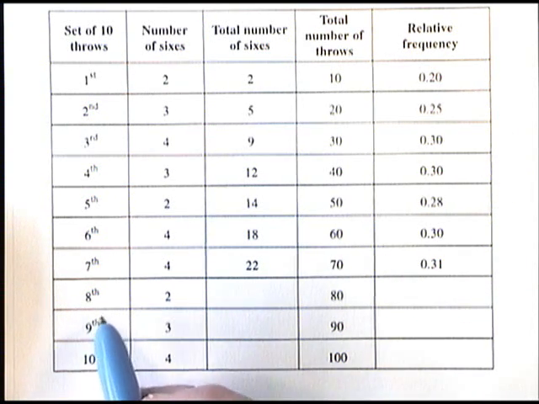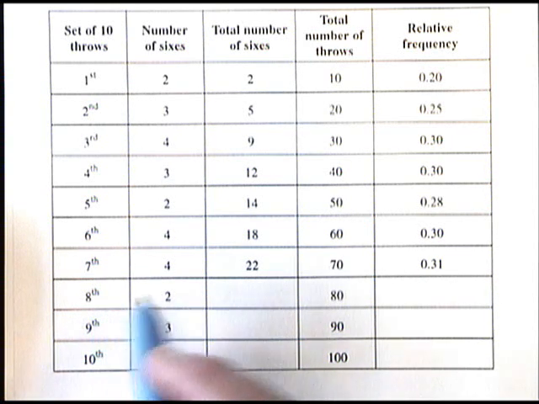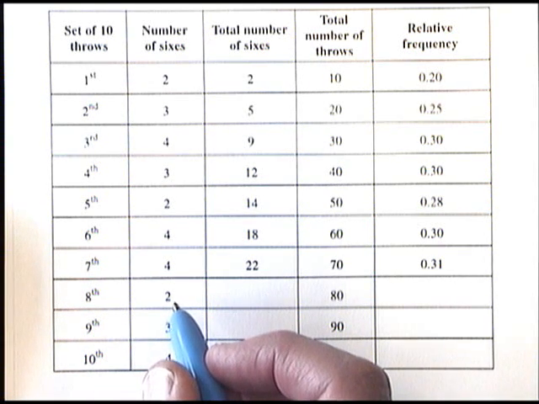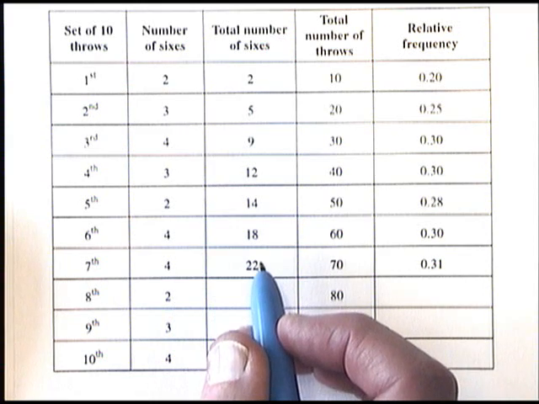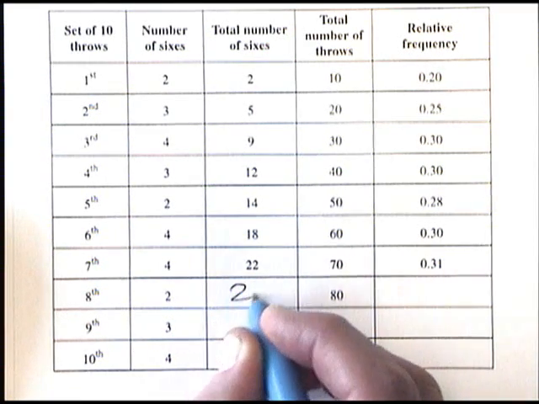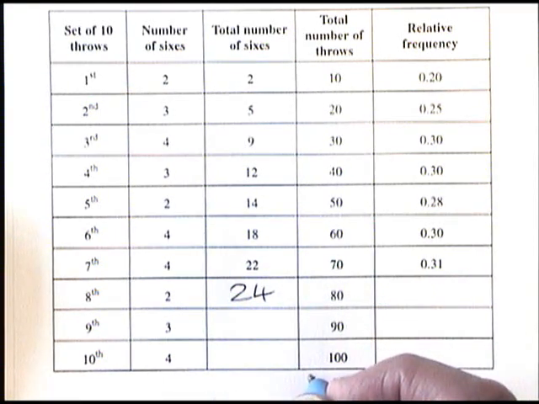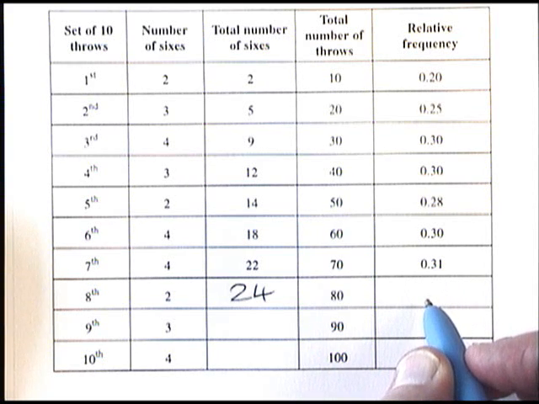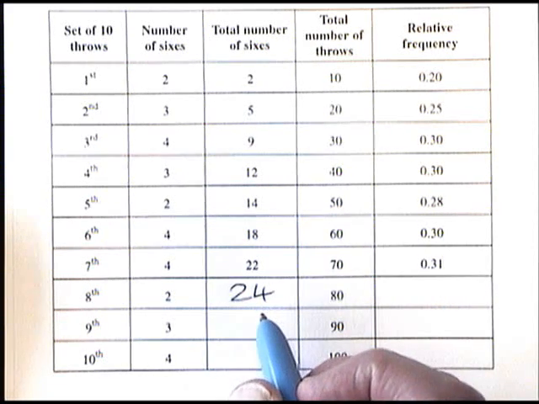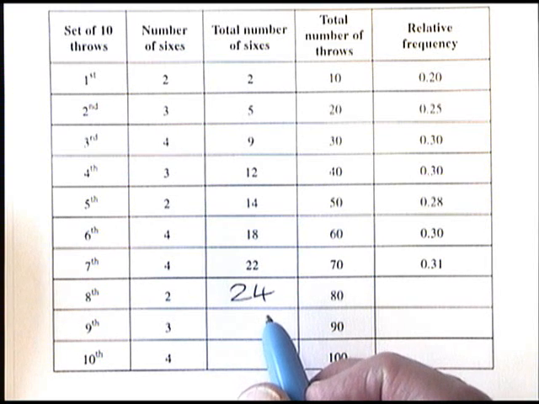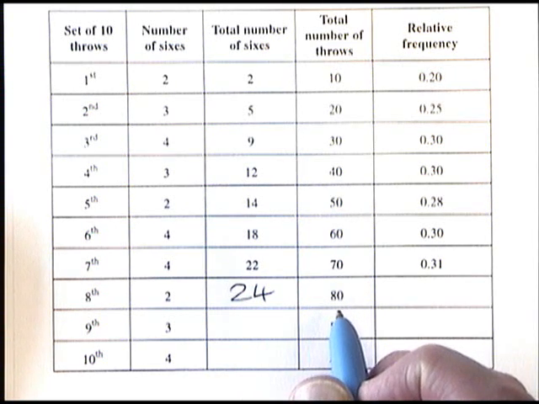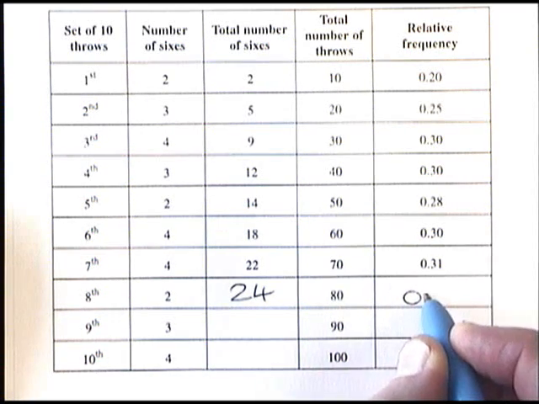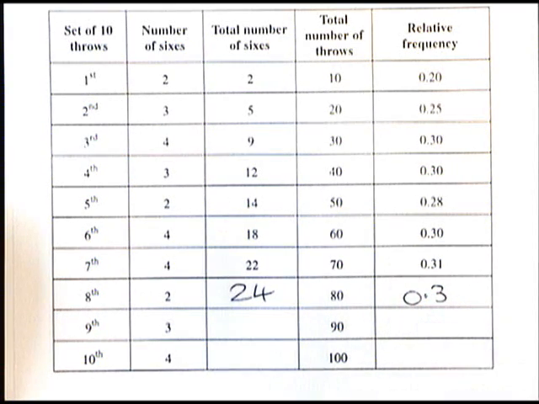So here, on our 8th lot of 10 throws, we had 2 6s. We'd had 22 altogether, so our new total was 24. And over here, the relative frequency is the number of 6s we had, which is 24, divided by the total number of throws, which is 80. And 24 divided by 80, when you do it on the calculator, is 0.3.